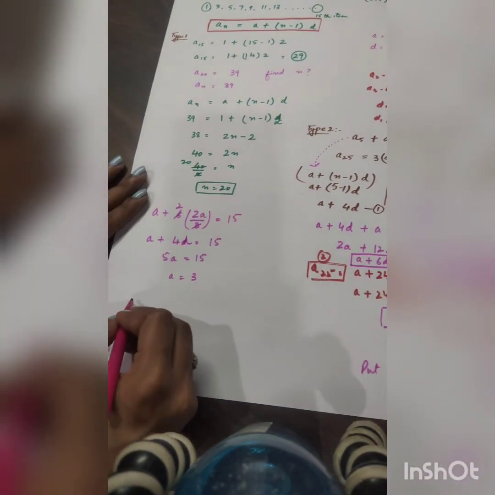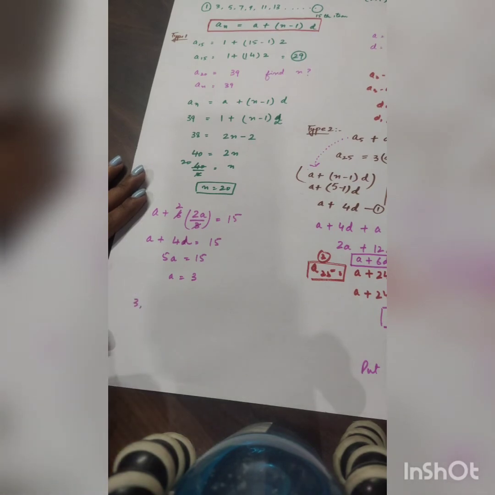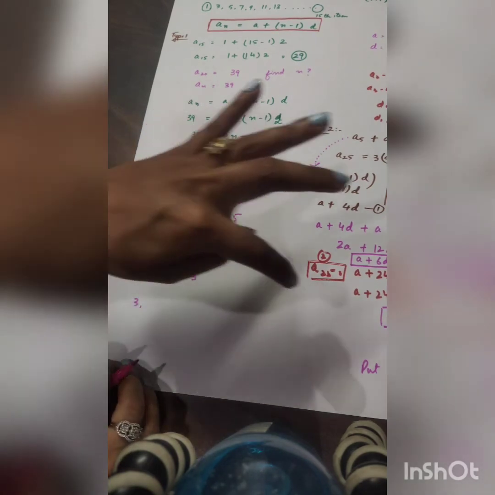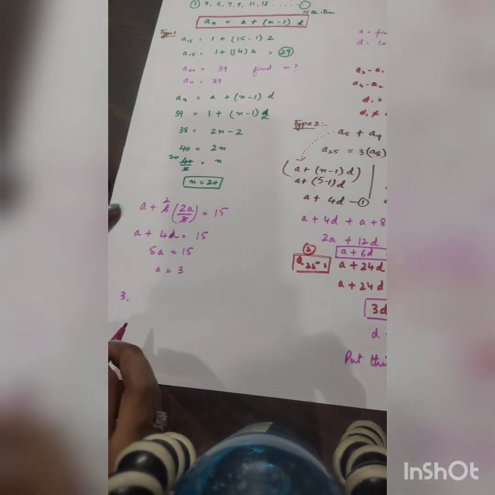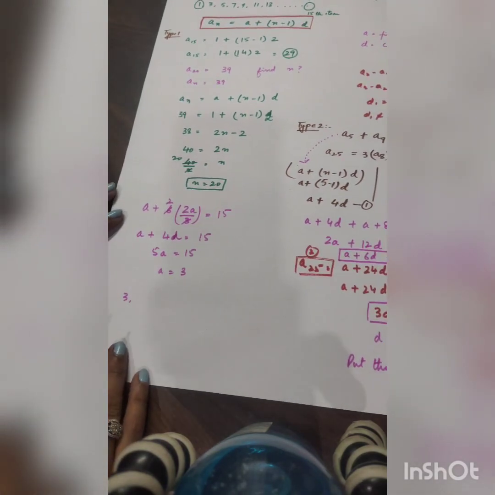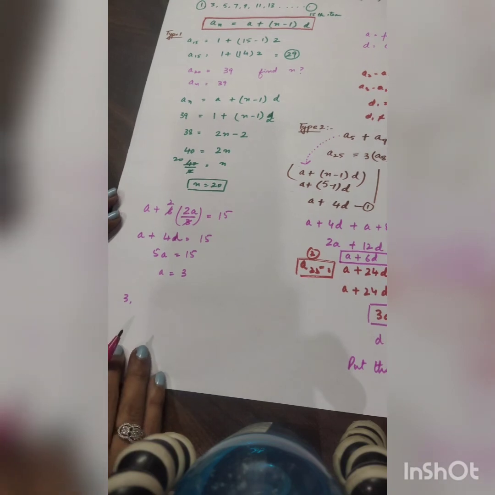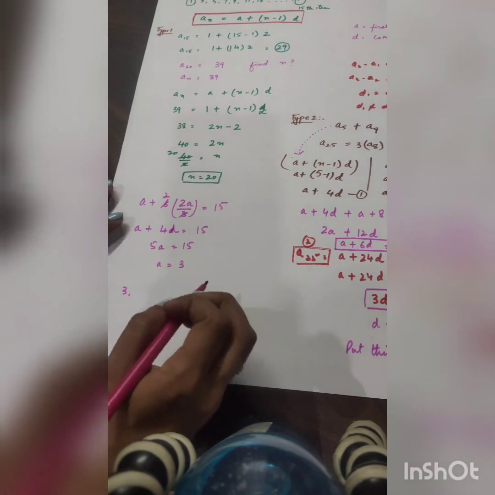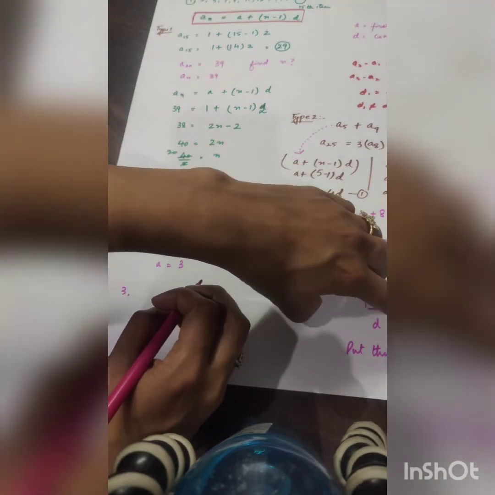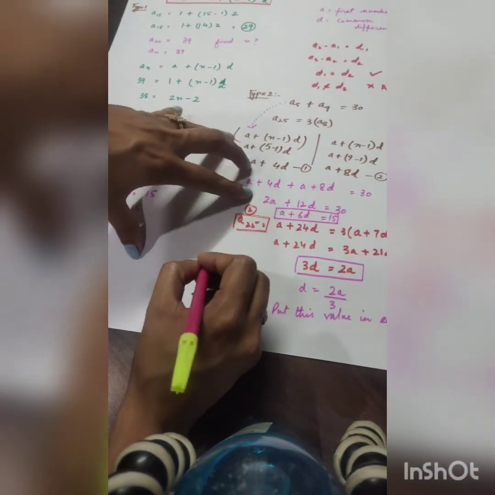So I get that the arithmetic progression will have the first number as 3, right? And then the common difference is what? 2A upon 3. Now solving it, I have got D is equal to 2 upon 3 A. I'll just solve it out.